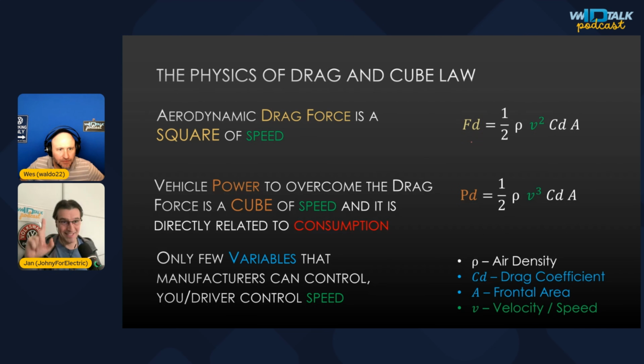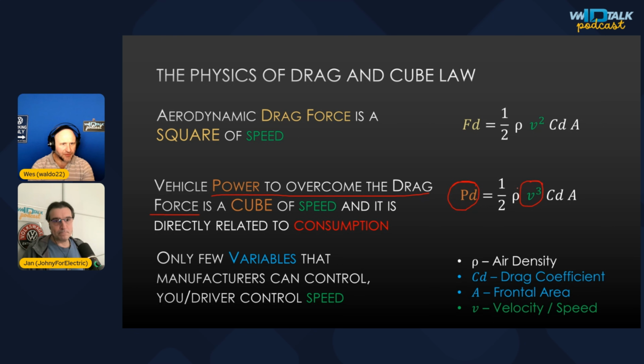But that's not all, right? The vehicle has to overcome the drag to either speed up or maintain a constant speed. The challenge here is that the power the vehicle has to spend is now the cube of your speed.